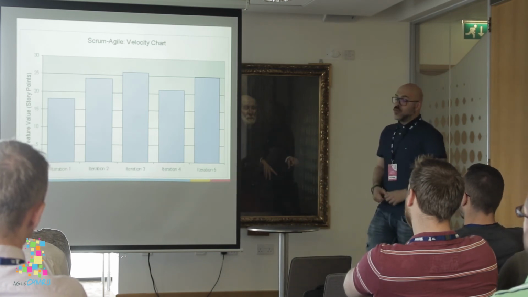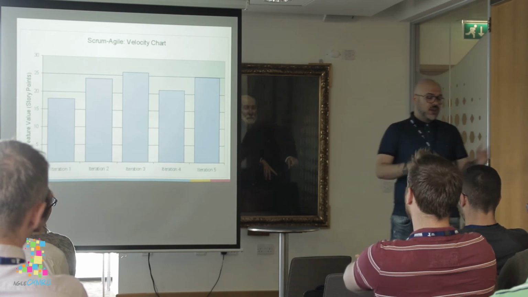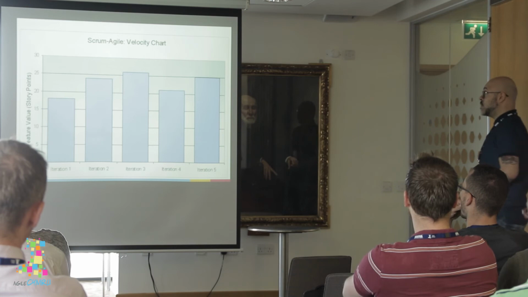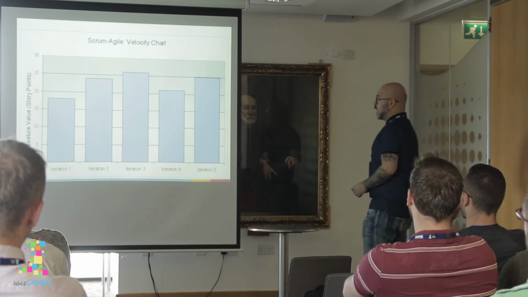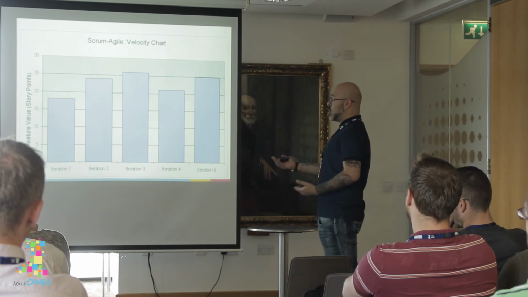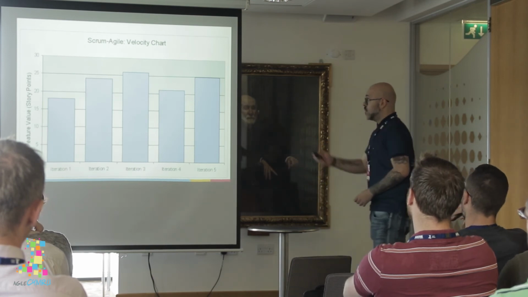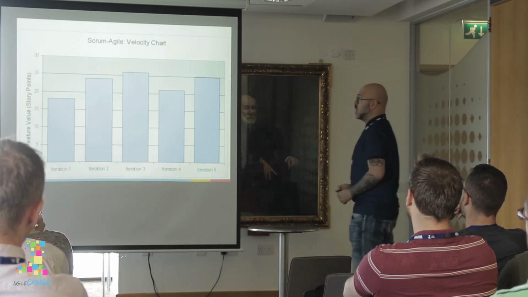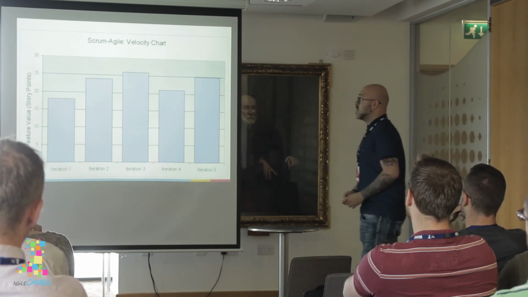Like here, obviously, the longer the project, the more stable this diagram becomes. But quite often you can find a lot of information on how the project is going from this kind of chart. So it's very important that you ask the team to maintain a decent velocity chart for you.